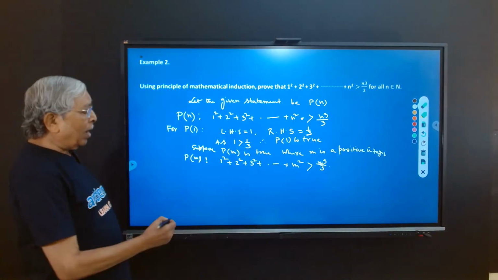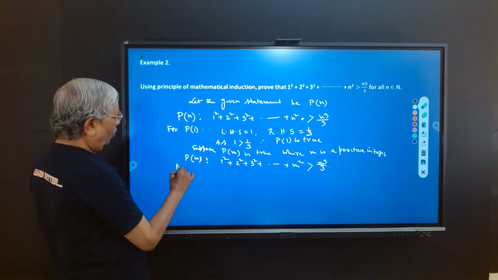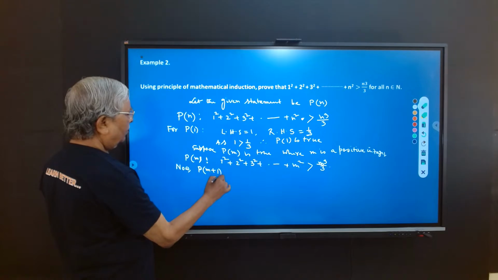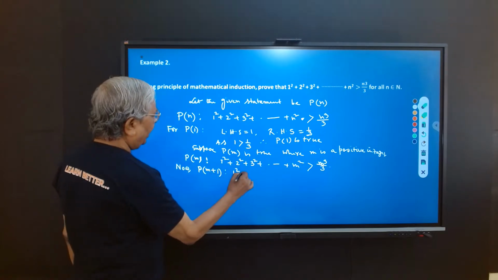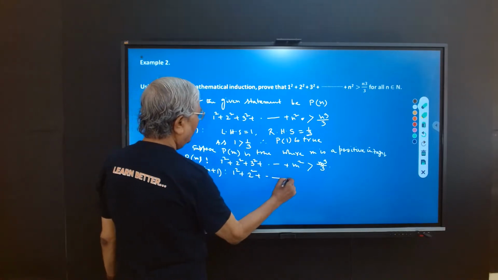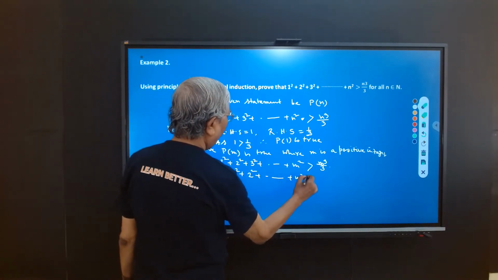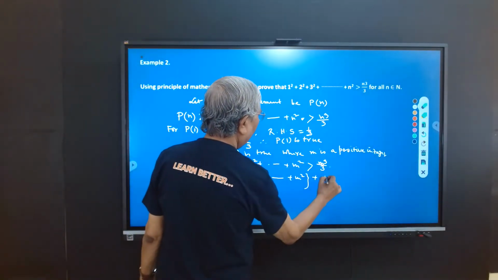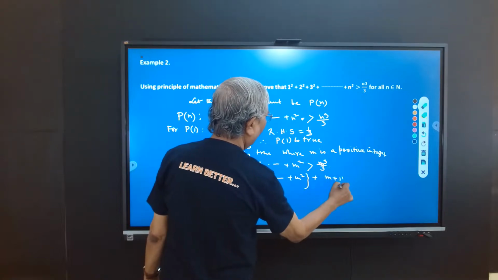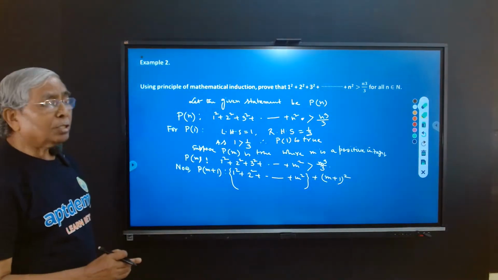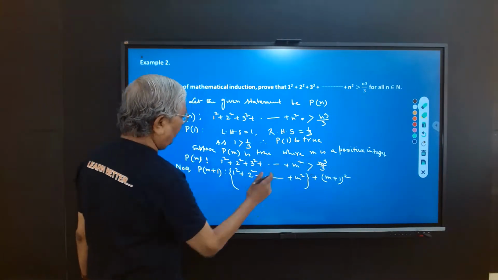What is the Pm plus 1? Now, Pm plus 1 is 1 square plus 2 square up to m square plus m plus 1 whole square. We know that Pm is true, that is, this part is greater than m cube by 3.